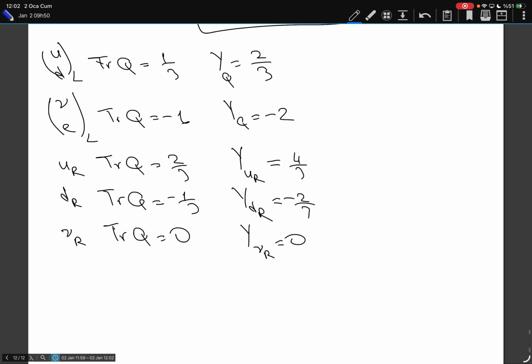So the right-handed neutrino, even if it exists, doesn't interact with anything. So if there's something that doesn't interact with anything, how do you observe it? And finally, the right-handed electron. I'm writing the right-handed electron, but muon and tau are practically the same thing. Trace of Q is -1, the hypercharge is -2.